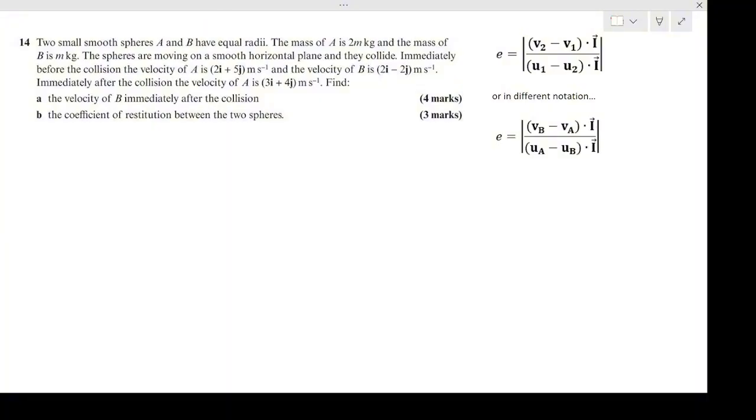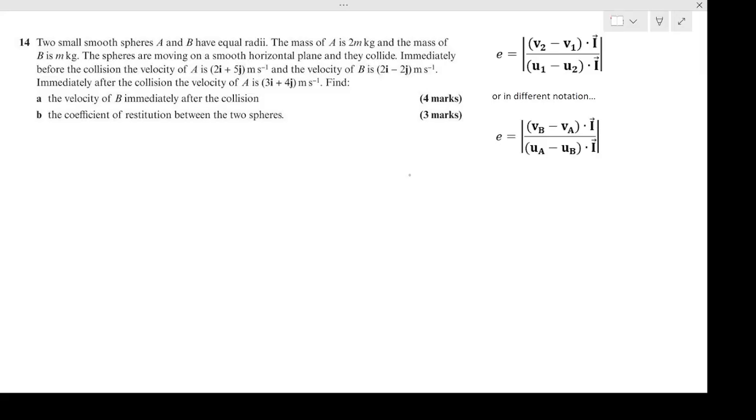Well, two key giveaways. The first one is they don't even tell you it's parallel to I or J, the line of centres. Usually they don't tell you it's parallel to I and J. That's a giveaway that you're going to have to compare both the components. So we're going to have to use momentum on the whole vectors instead of just I or J.